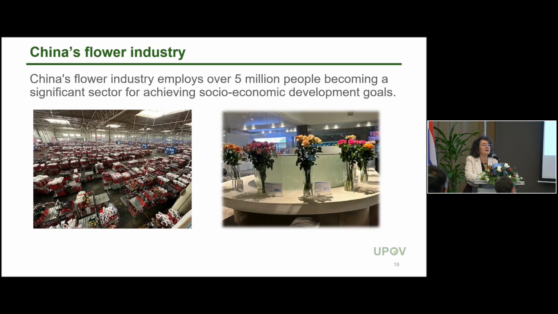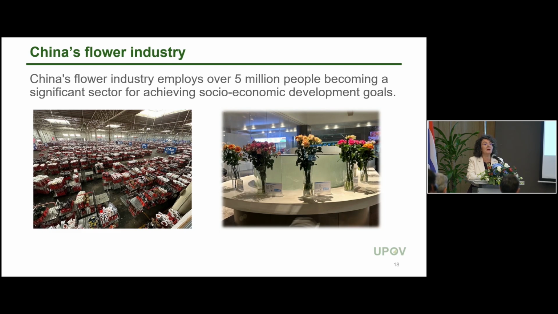I was just recently in China celebrating the 25th anniversary of UPOV. And one of the key areas that drew my attention was the vibrant sector in the economy. And one of them we were discussing before about how important the ornamental sector is to be an enabler of growth.